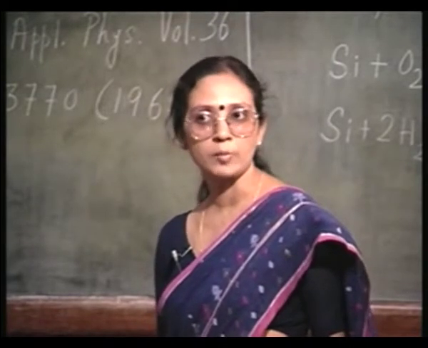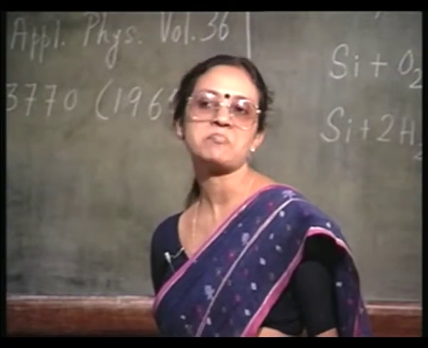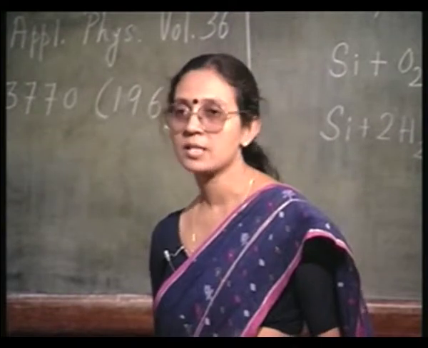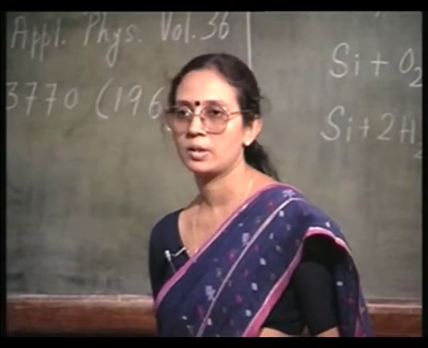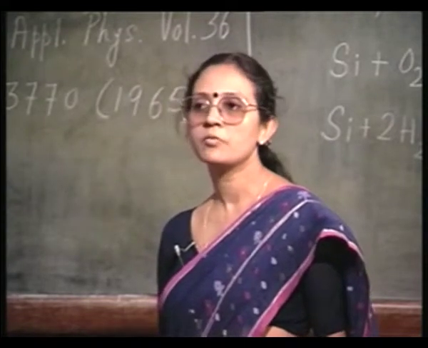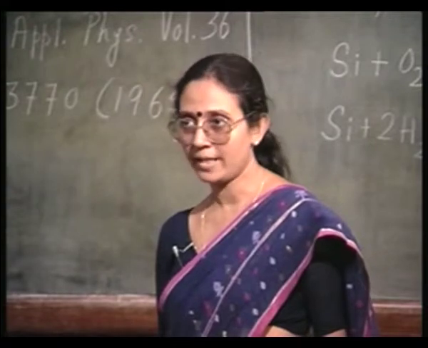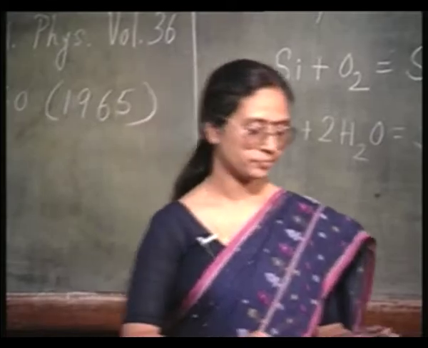There are a few problem areas, but overall it is a very good, very sturdy model. It explains the principle of silicon thermal oxidation quite adequately, except in a few pockets. So, let us move on to Deal and Grove's model.